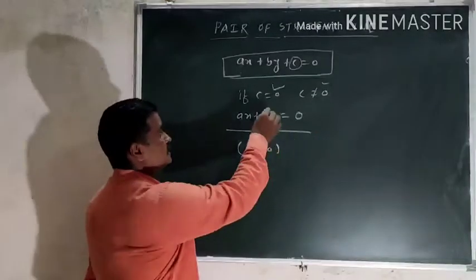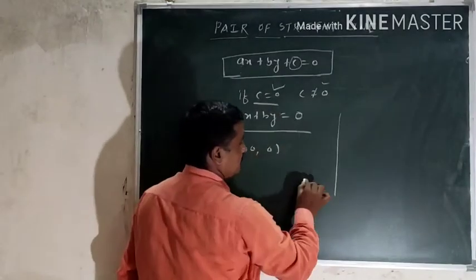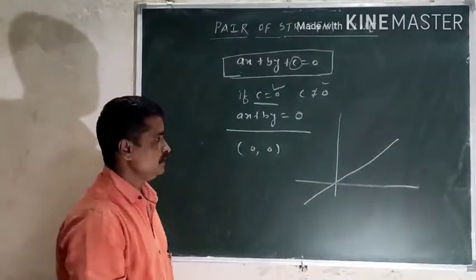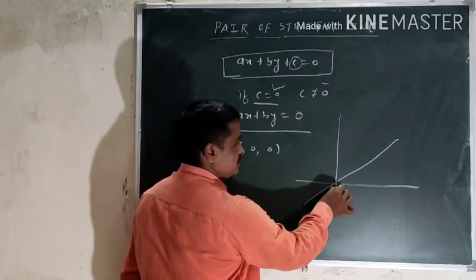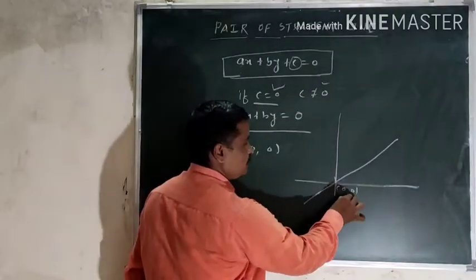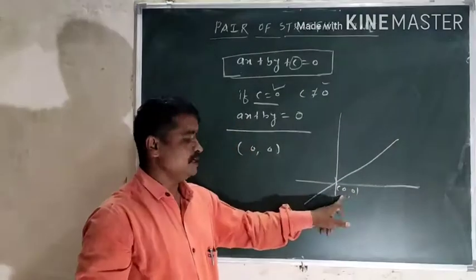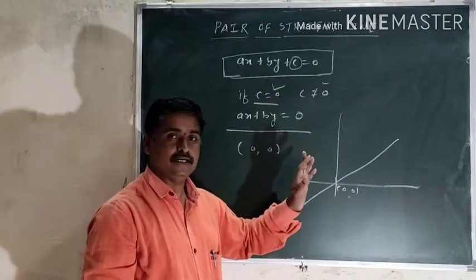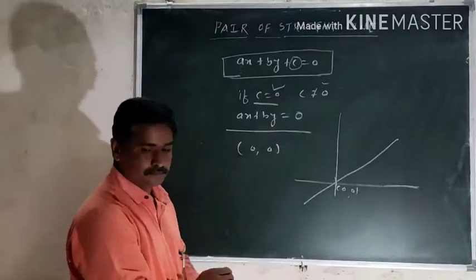So if c equals 0, the line passes through the origin, like this. That means the x coordinate is 0 and the y coordinate is 0.